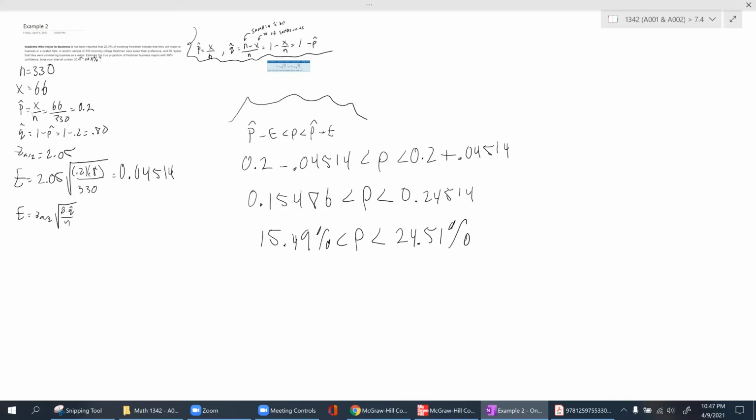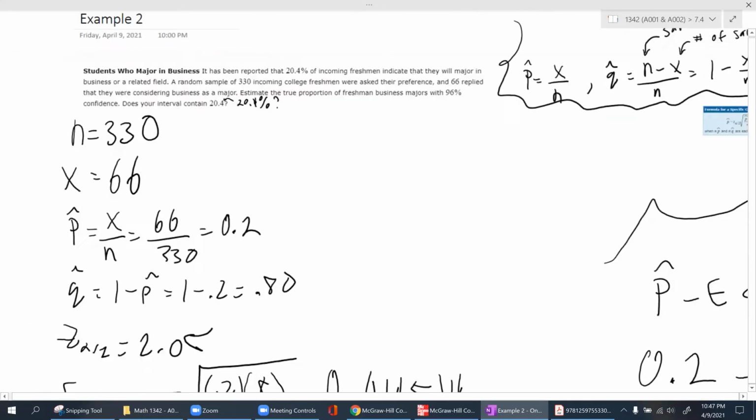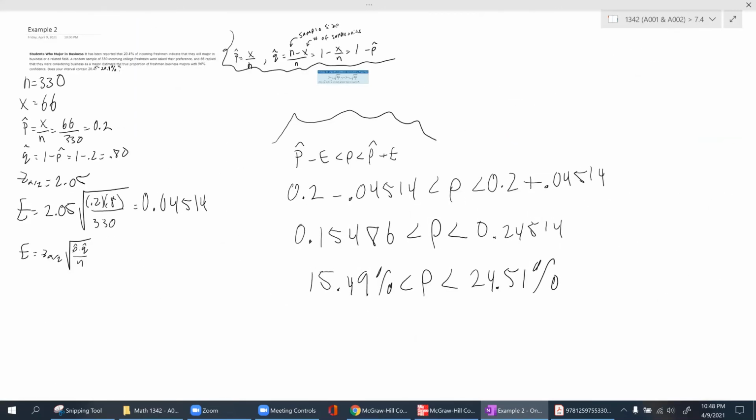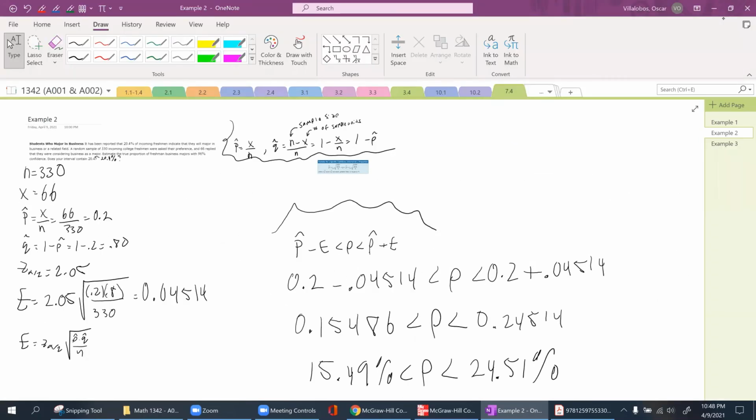So in other words, how does it all relate together? You can say that, as the mathematician, you're 96% confident that the true proportion of business majors is between 15.49% and 24.51%, based on the sample size of 330 college freshmen, with the 66 that replied. Very nice.